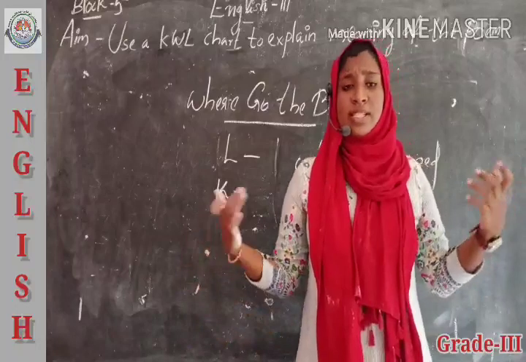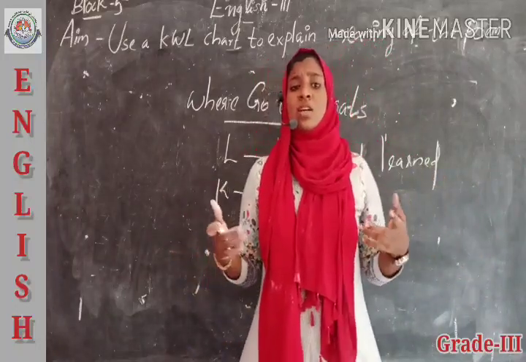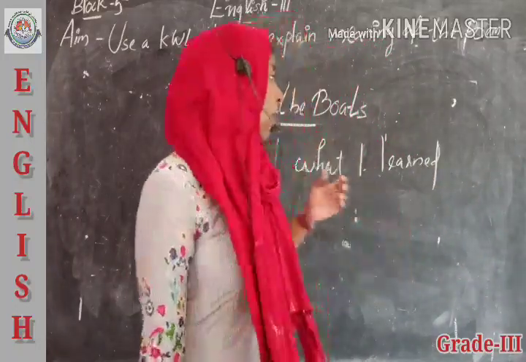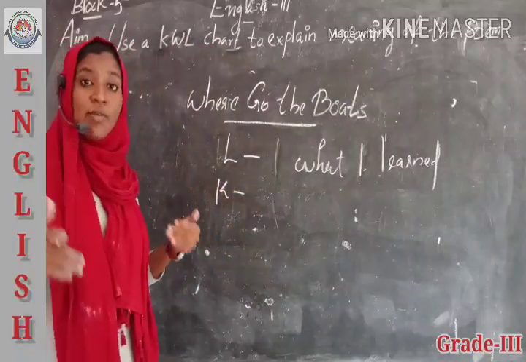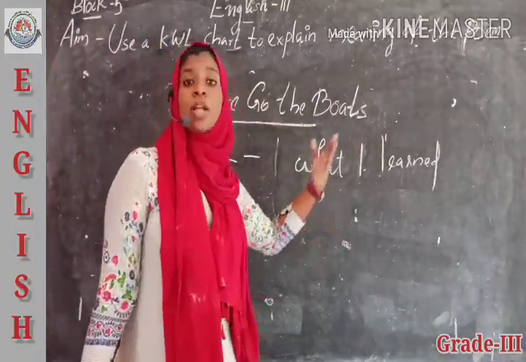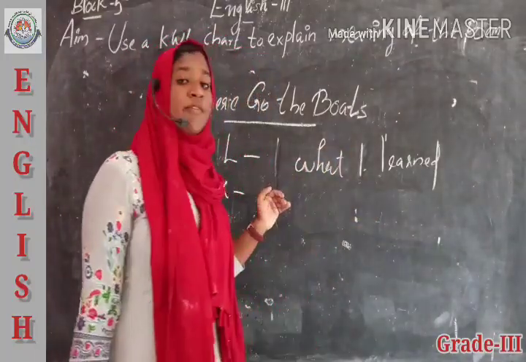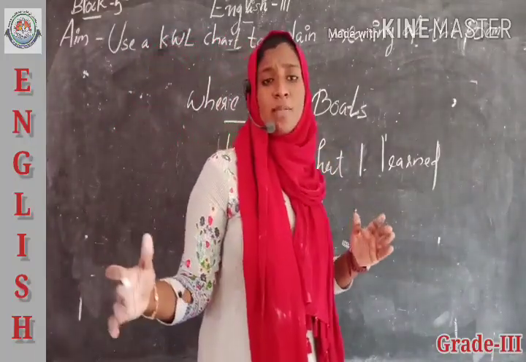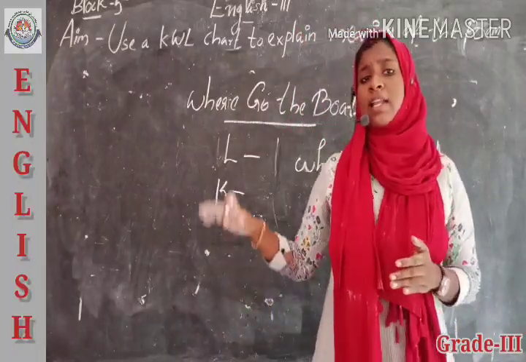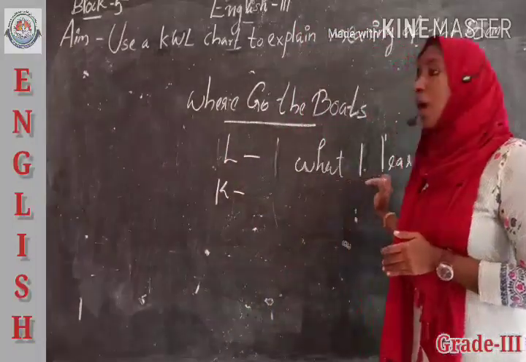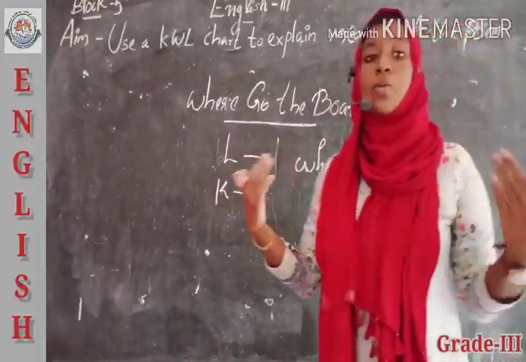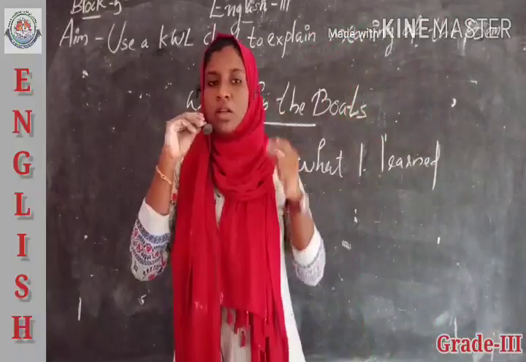Is it clear? So this KWL chart helps us to revise what we already know, and what we want to know from this or any poem. And after completing these two columns, we can go through that poem, and finally we have to write what I learned. That means what you learned from this poem.